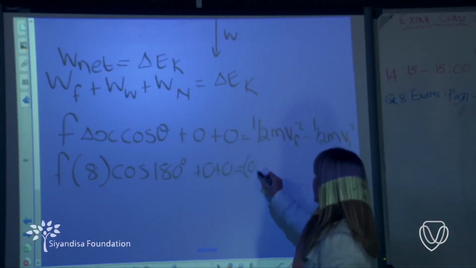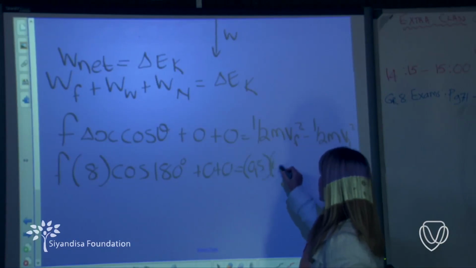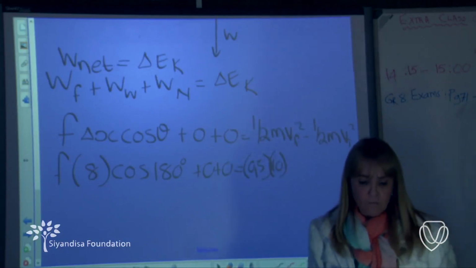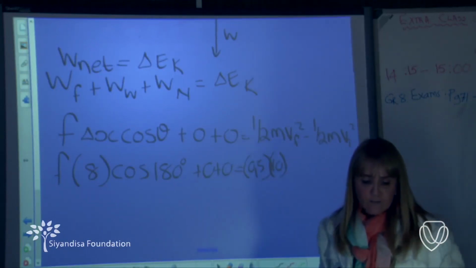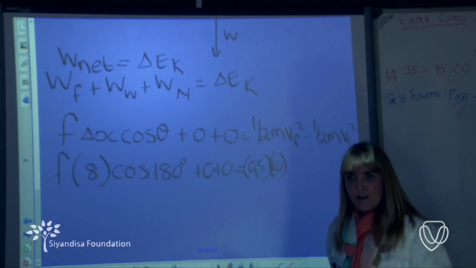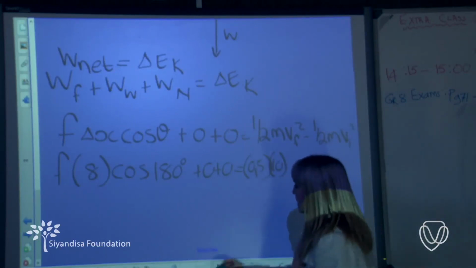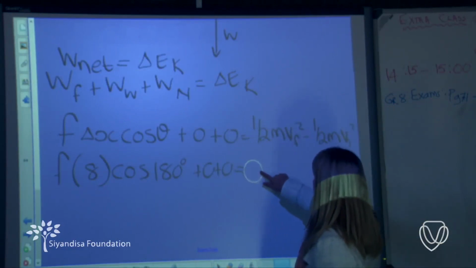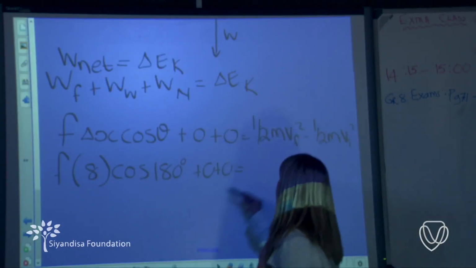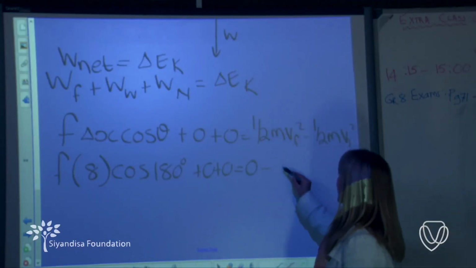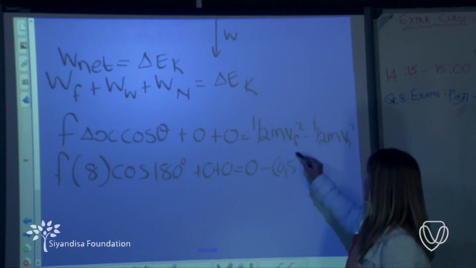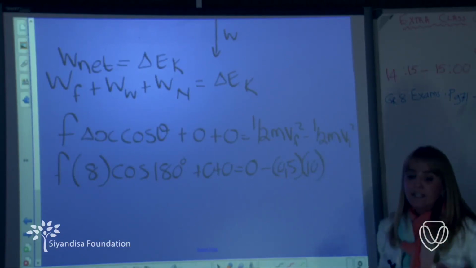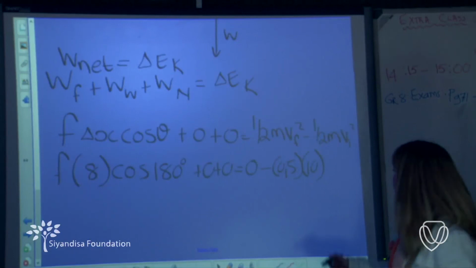Right, so this is going to be 0.5 times the mass, which is 10, times the final velocity. And ladies and gentlemen, please remember here that your final velocity is going to be 0 because it comes to rest. So if we want to, let's save space and time, we can actually make that whole expression 0 minus a half times the mass times the initial velocity, and the initial velocity is the value that you've just calculated.